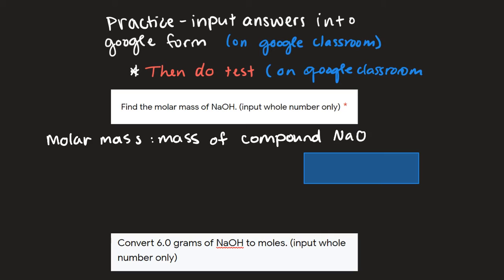With NaOH, we're just going to break it down into its elements: Na, which is sodium, oxygen, and hydrogen. Then we need to find the masses from the periodic table. P table is what I'm going to call it.